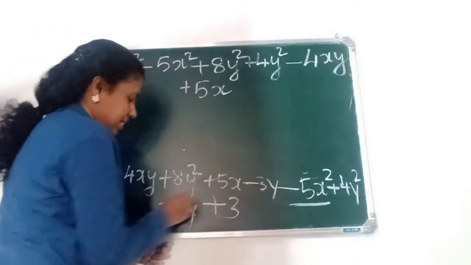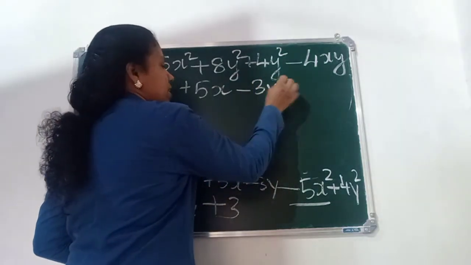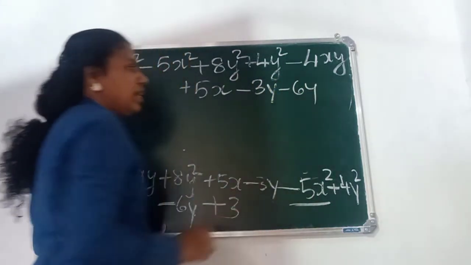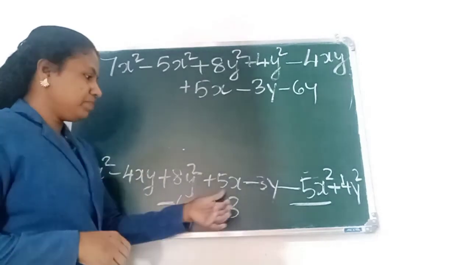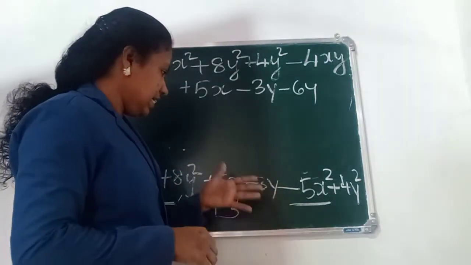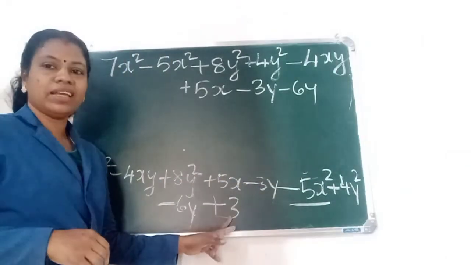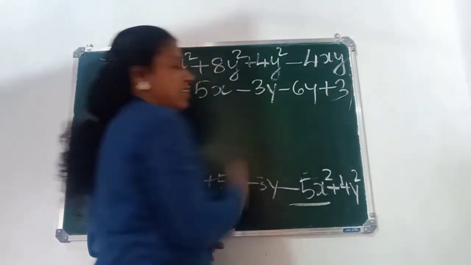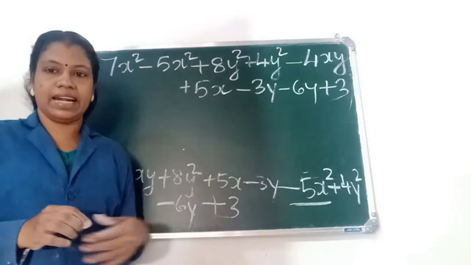Yes, minus 3y and minus 6y. Write down those like terms, both minus y. Is there any other term? All are done. Next, the remaining plus 3. So we have arranged the expression as like and unlike terms.